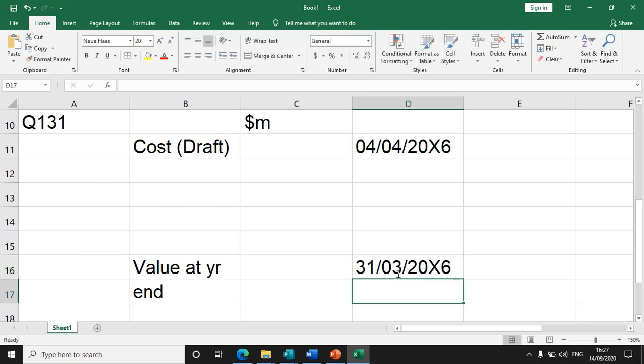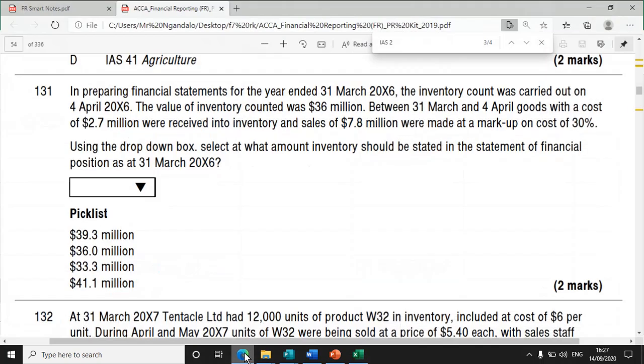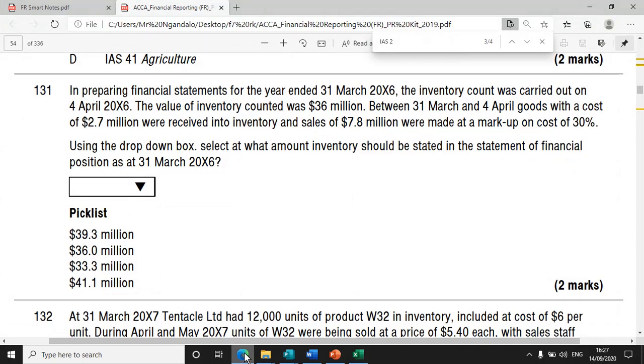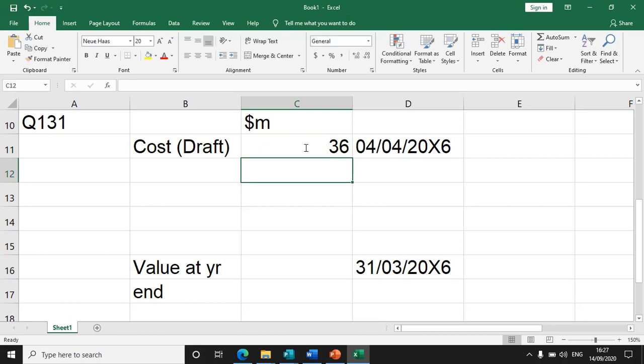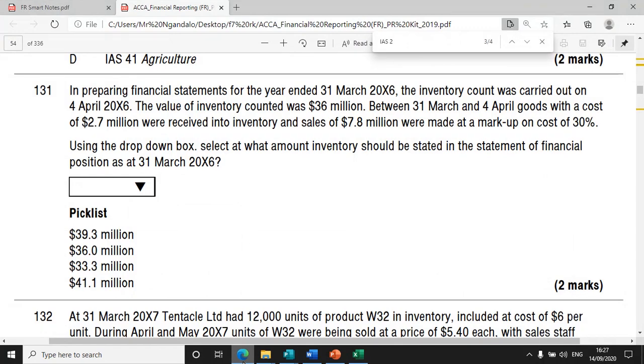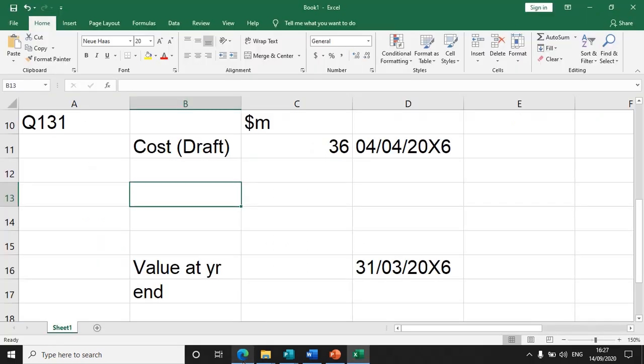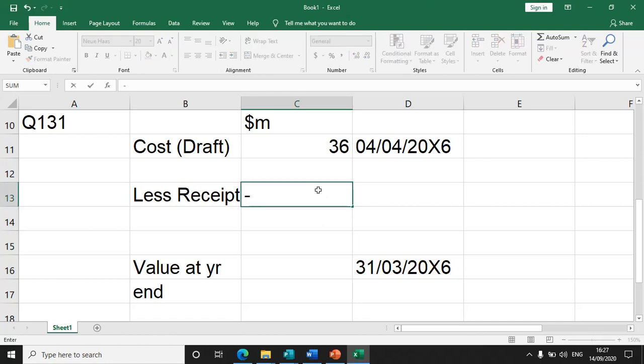I hope that we could understand this easily. So let's pick up our figures. On the 4th of April, the value of inventory counted was 36 million. We are told that between the 4 days, inventory with a cost of 2.7 million was received into inventory. We never had this inventory on 31st March, so we less the receipt, less what you didn't have. We're assuming FIFO, 2.7.